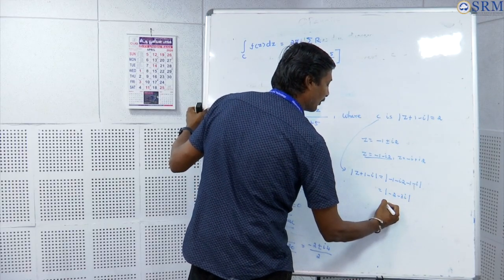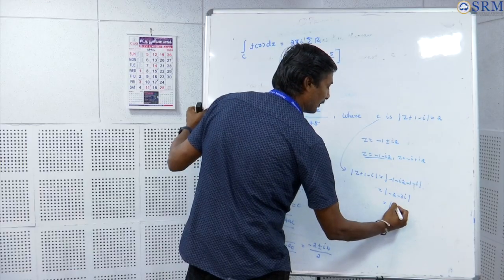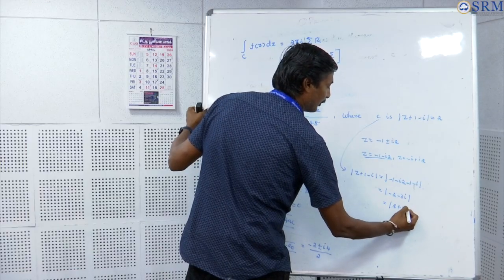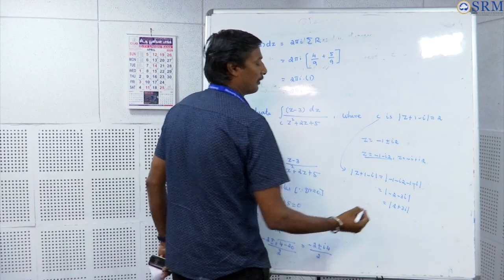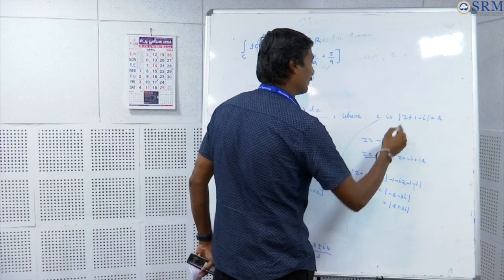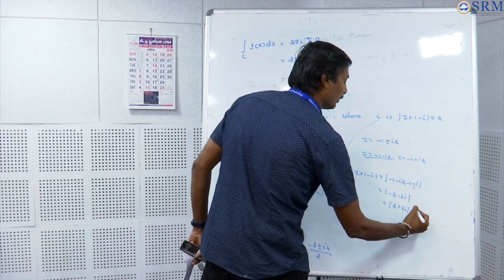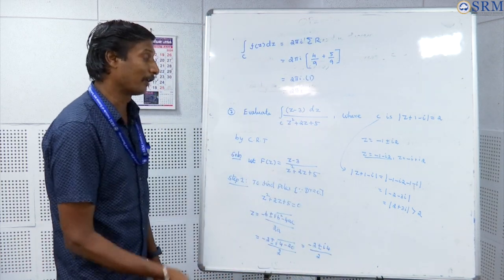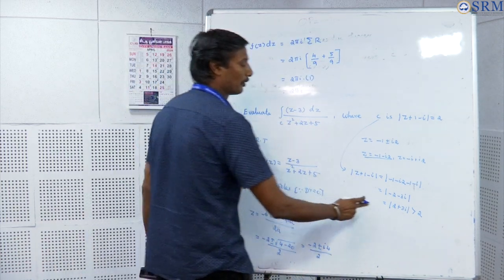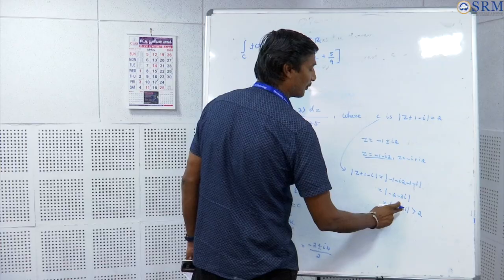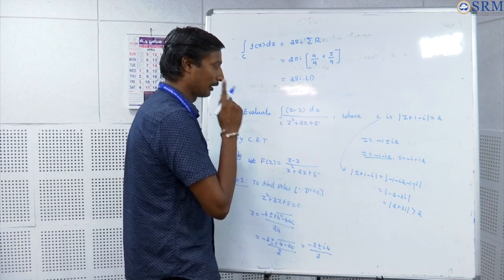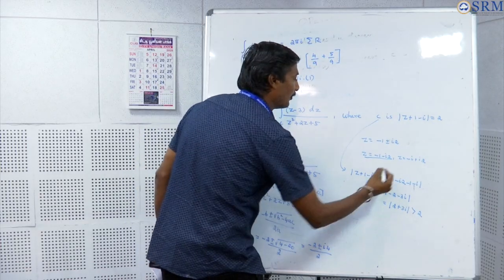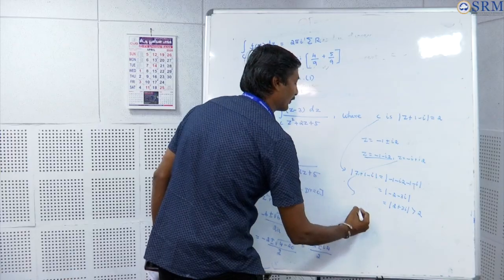Always take the positive value, so it is modulus of 3i, which is 3, greater than 2. So this point lies outside C. Why? Because root of 2 square plus 3 square, 4 plus 9, like that it comes.